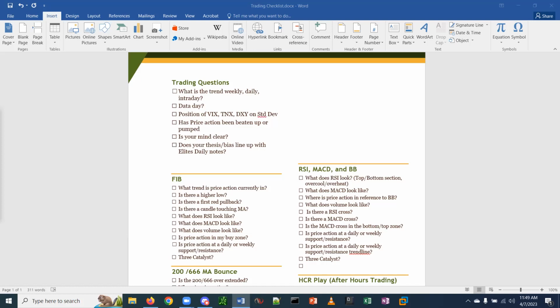When it's choppy, I change my bias to neutral and I'm just looking to catch bounces, and I go in the same way, except with my neutral choppy day bias I'm trying to catch between 6 and 10 points. That's a little less than my long bias. And when I'm in short bias, I'm looking to catch between 4 and 6, maybe 8 points max. So that's how I adjust.